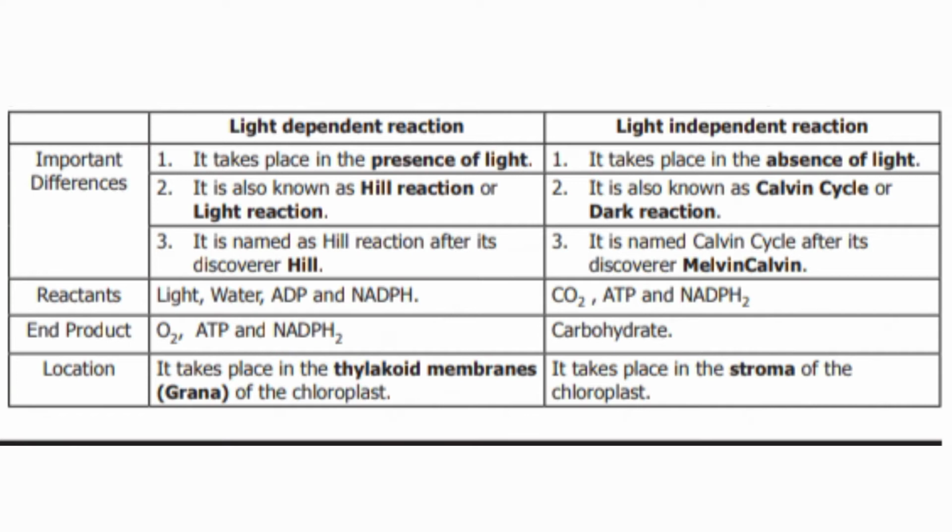Light independent reaction, it is also known as Calvin cycle or dark reaction. Light dependent reaction, third point, it is named as Hill reaction after its discoverer Hill. Light independent reaction, it is named Calvin cycle after its discoverer Melvin Calvin.